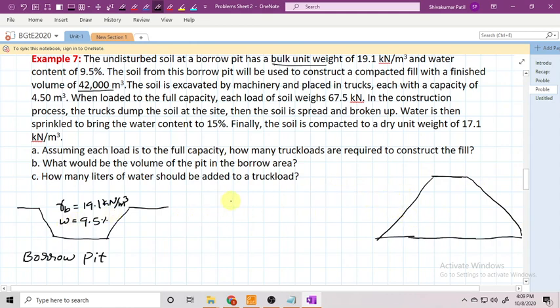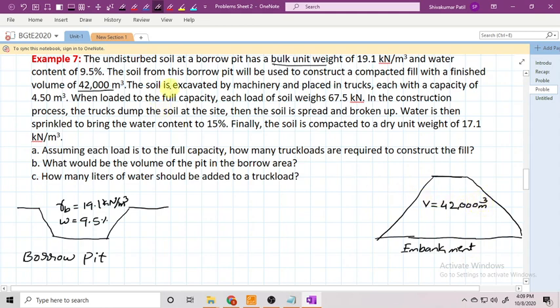The soil from this borrow pit will be used to construct a compacted fill with a finished volume. What is the total volume? The finished total volume of the embankment is 42,000 cubic meter.